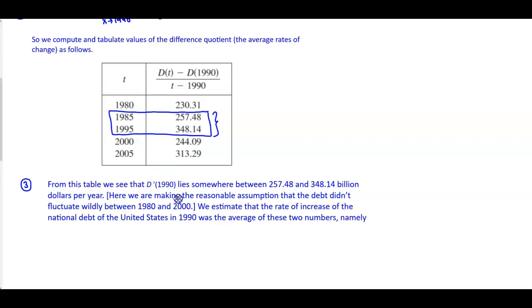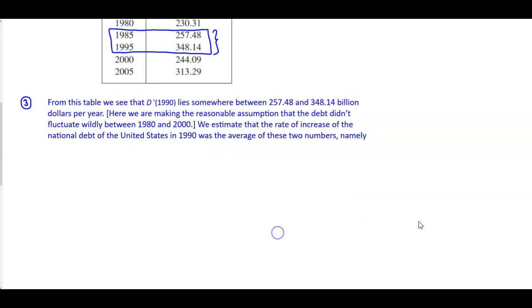So here we are making the reasonable assumption that the debt didn't fluctuate wildly between 1980 and 2000. So we estimate that the rate of increase of the national debt of the United States in 1990 was the average of these two numbers.